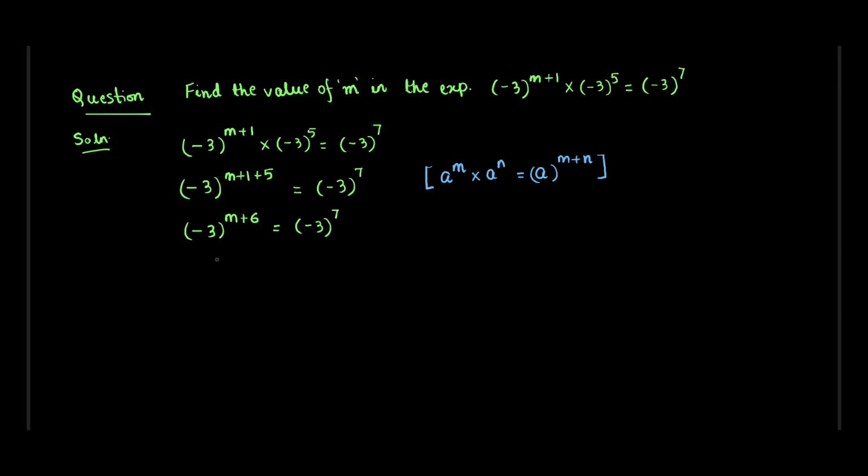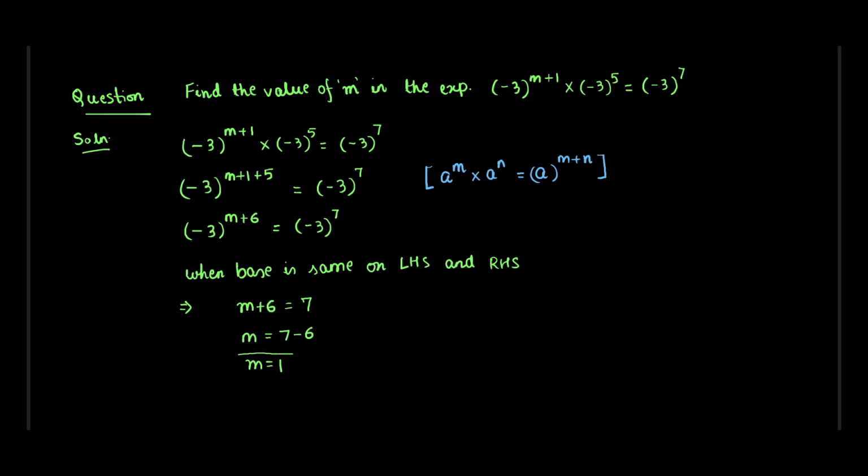Now on the left hand side and on the right hand side, the bases are same, then the powers can be equated. So m plus 6 will be equal to 7. Therefore m equal to 7 minus 6, or you can say m equal to 1. So hence, for this given expression, the value of m will be 1.